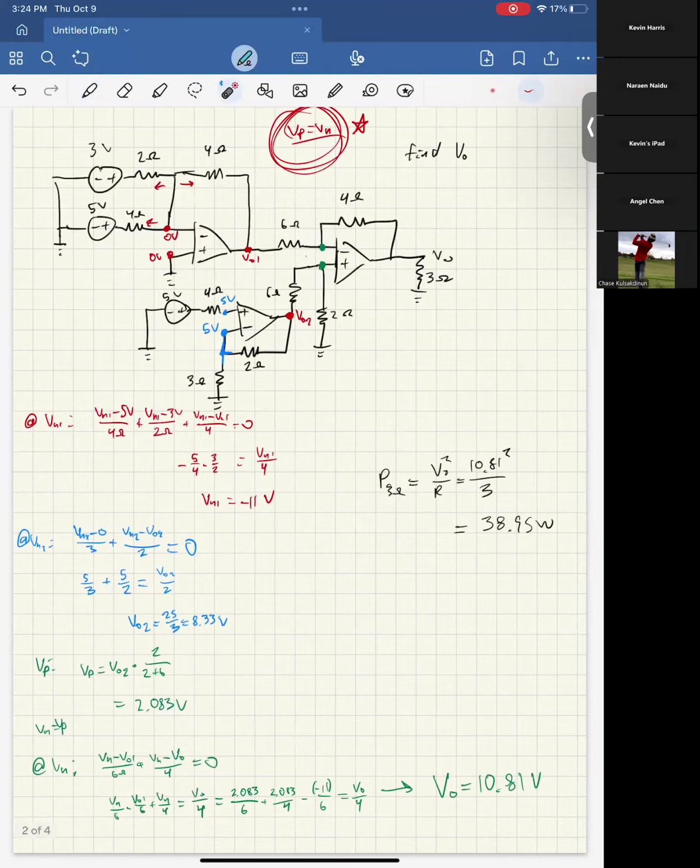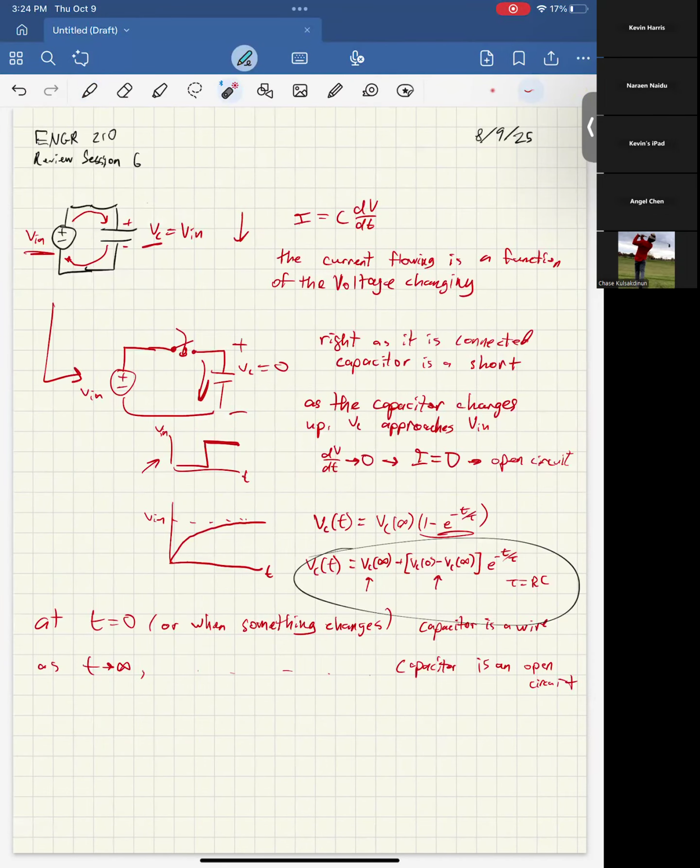I should revise that: this is kind of true, but not quite. The bigger point is that the voltage cannot change instantly, because the plates have to take time to charge and discharge.